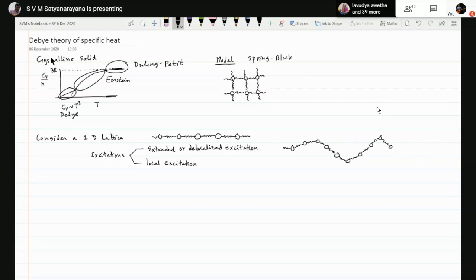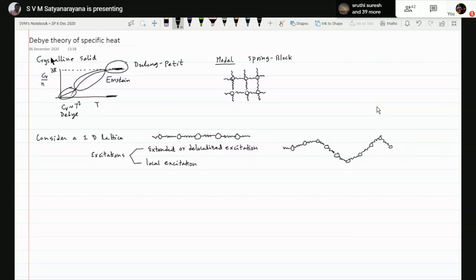So this is what is called a long-range excitation, in the sense that many atoms are deviating from their positions, but by a little amount, such that there is an excitation of this type.